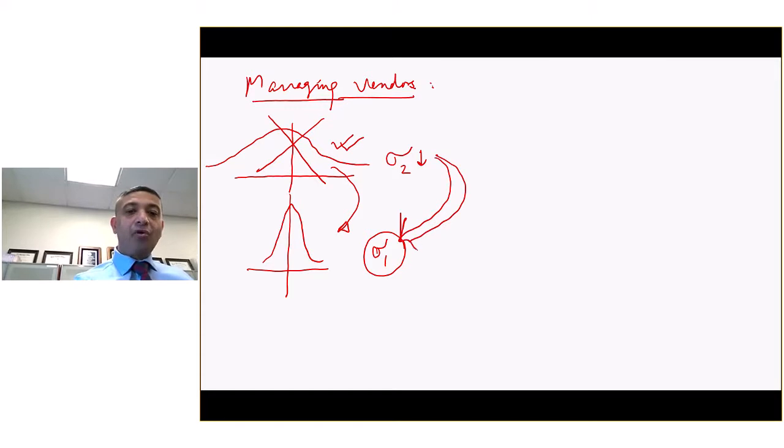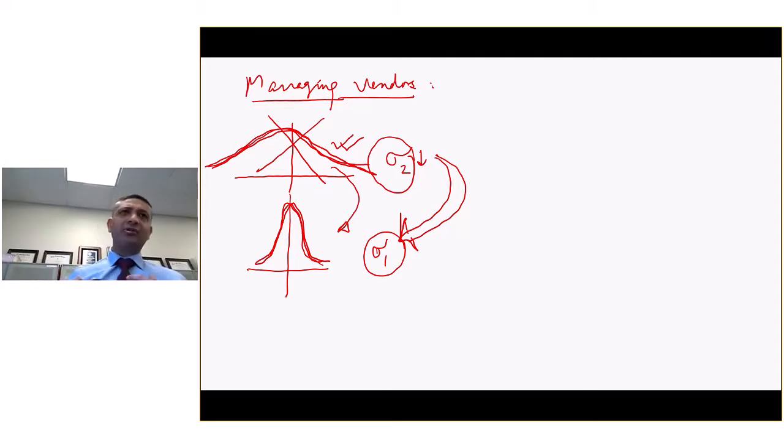How can you improve the supplier's variability from a sigma 2 to a sigma 1 so that the supplier's overall delivery pattern looks something like this, as opposed to a very, very wide delivery distribution? How can you work with the supplier to improve them? This is where engineers are strategically placed within the supplier's domain.